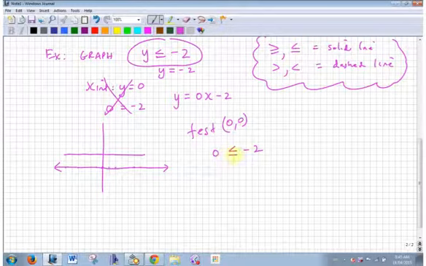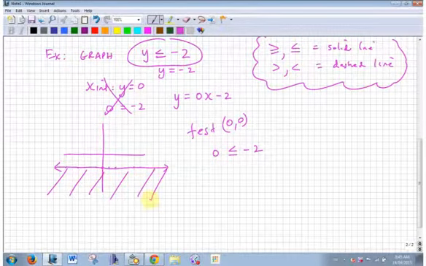Is 0 less than or equal to -2? No, it's greater than -2, right? Would you rather have no bucks or owe $2? You'd rather have no bucks than owe $2. I don't know if that helps you or not, but anyway, 0 is not less than -2, it's greater than -2. That is not in the solution area.